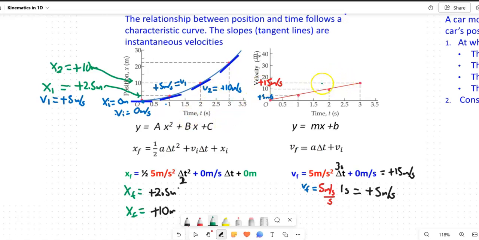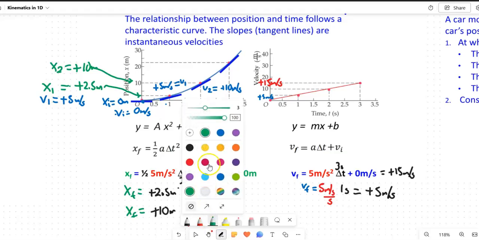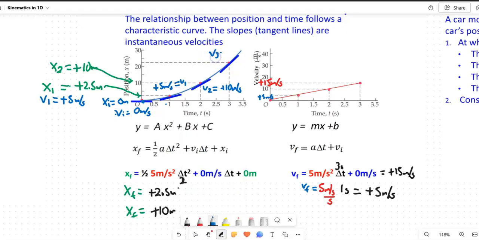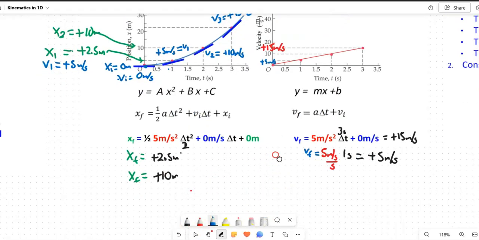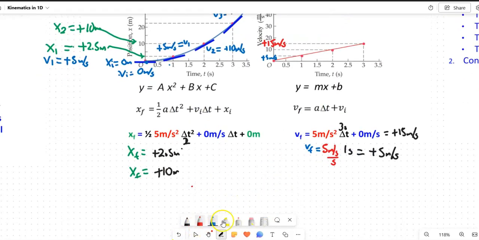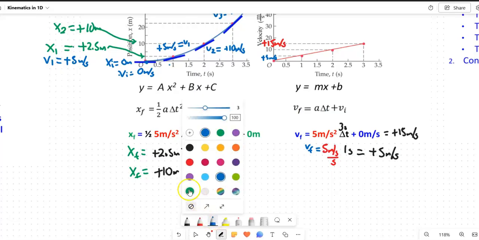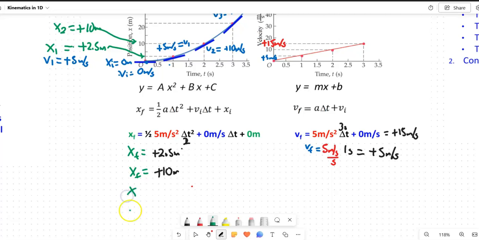At the third second, we know that it has a slope of positive 15. So v3, which is the final velocity, is a positive 15 meters per second. And so its velocity at its displacement at that third second.